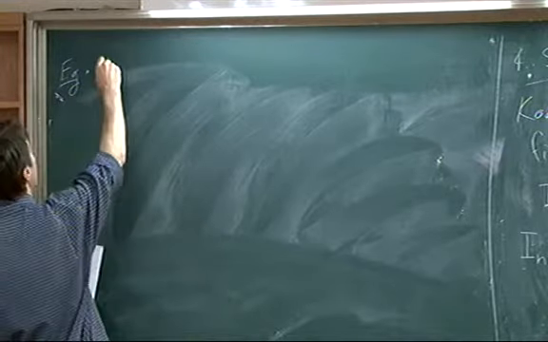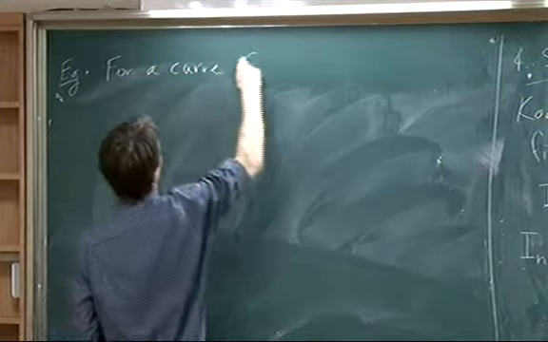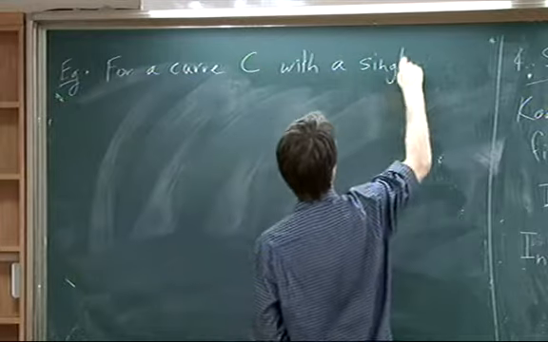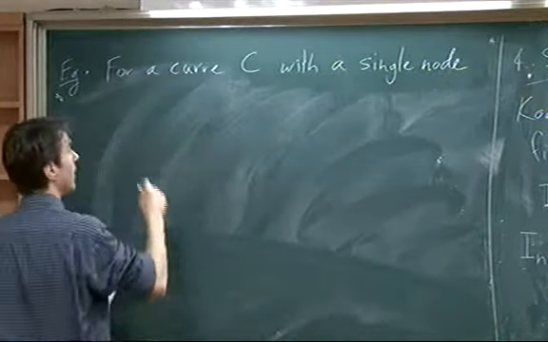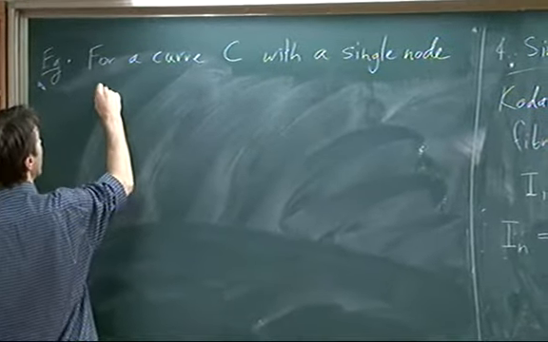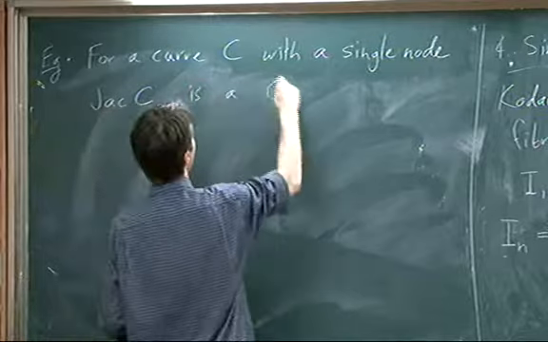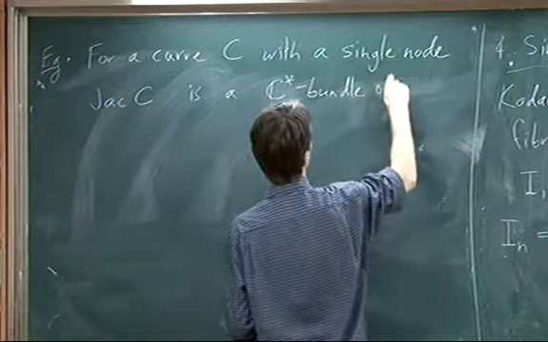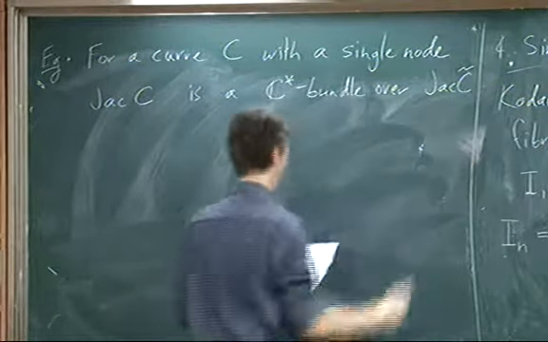So if I have a curve C with a single node, no other singularities, then the Jacobian of this curve is a C star bundle over the Jacobian of the normalization of the curve.